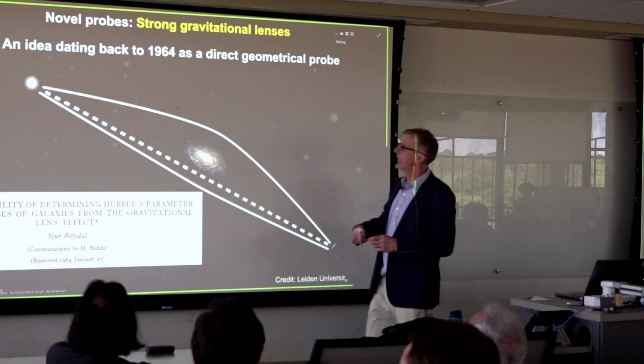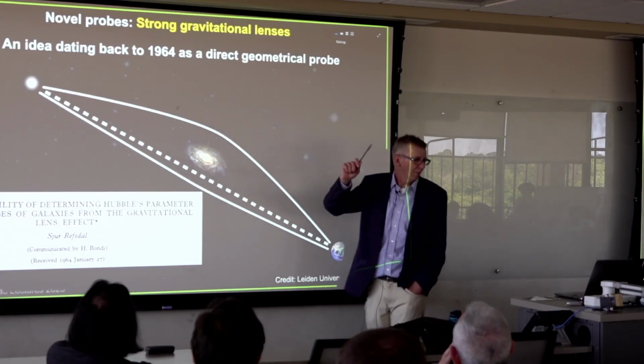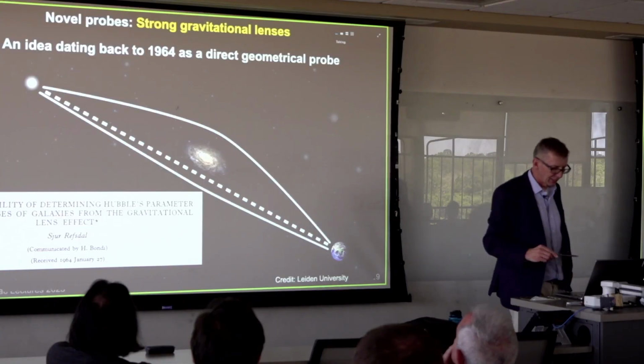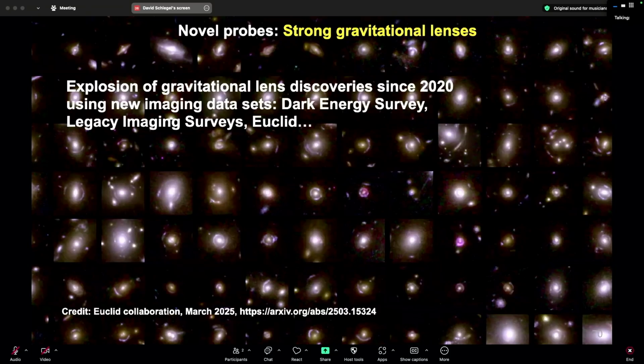The idea of using these as a geometric probe dates back to Refsdal in 1964. Until recently, we only had small numbers of these discovered. In the last 5 years, this has exploded into thousands of these gravitational lenses.